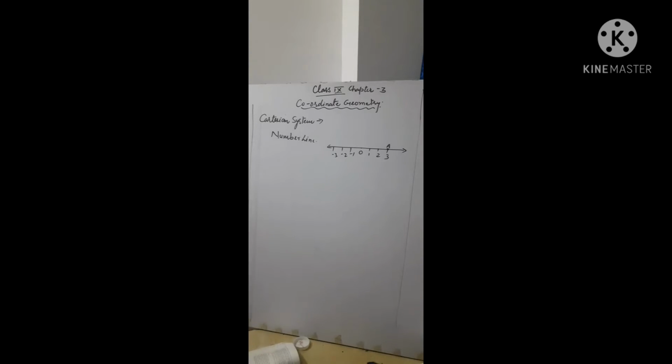Suppose that we take two number lines at a time, means two number lines are perpendicular to each other at the point 0, like this.